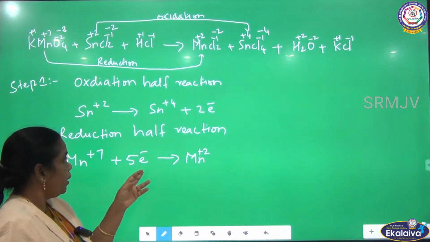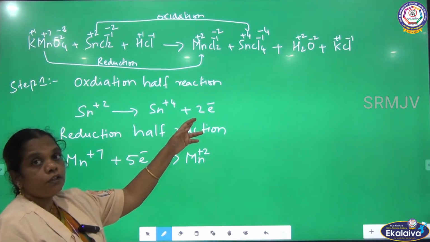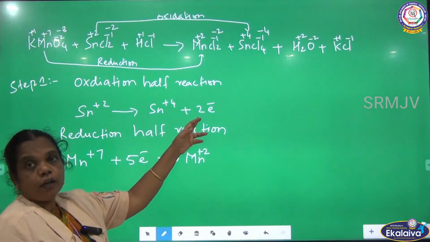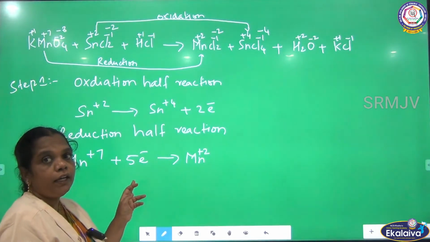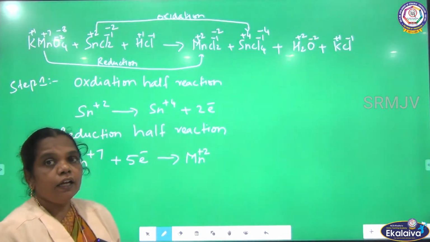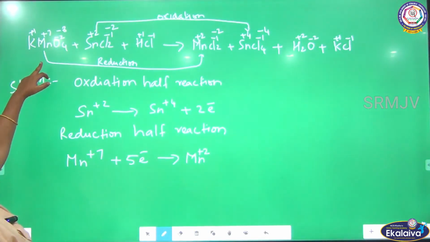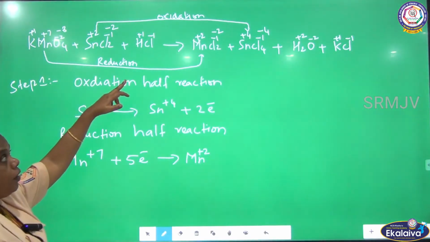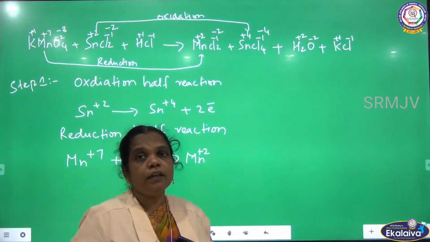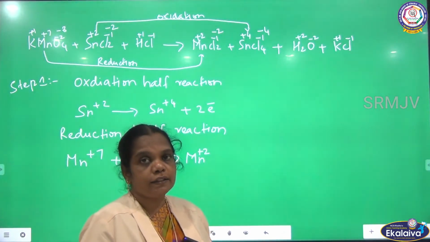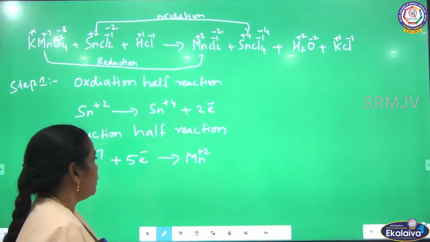By this you come to know the number of electrons involved: 2 electrons in the oxidation reaction and 5 electrons in the reduction reaction. Now you want to balance. Oxygen and hydrogen are present, so they should be balanced in the half reaction.